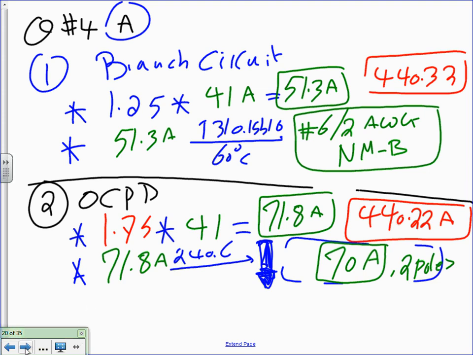Let me know when I can move on. Why do you go down instead of up? Because if you read 440.22(A), it says the maximum overcurrent device shall be 175% of the full load current. Maximum. And it doesn't say what happens if you don't hit the standard size. It doesn't say anything. There is that other part that says you can go not to exceed 225%.